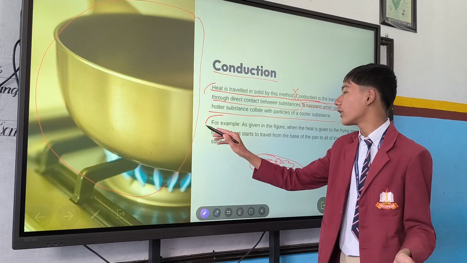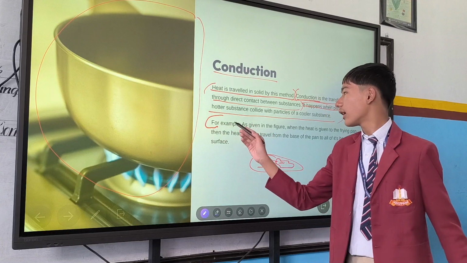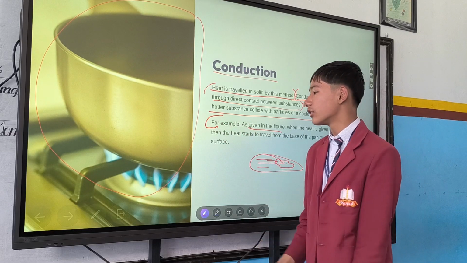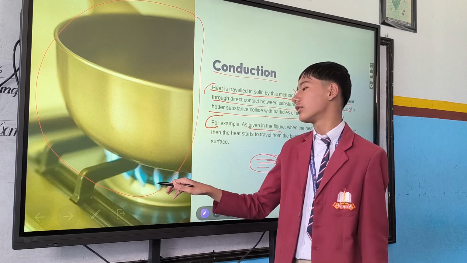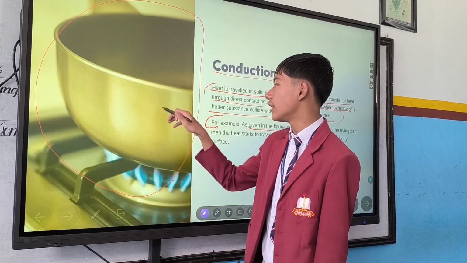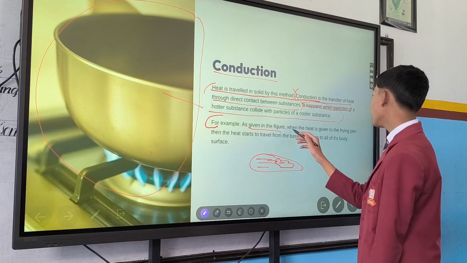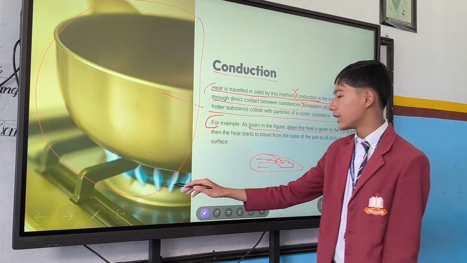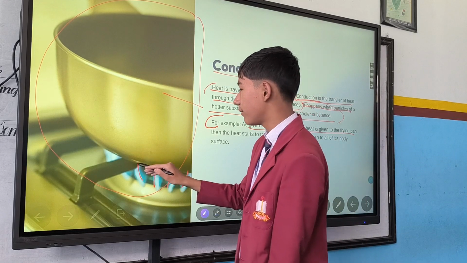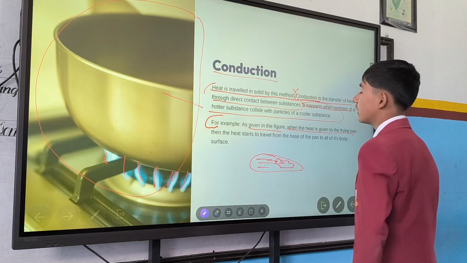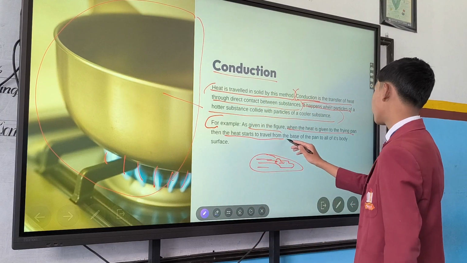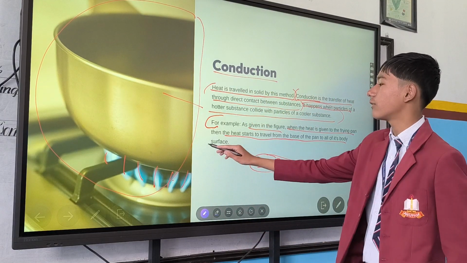As another example, as given in the figure, it's a gas which is running, so it produces heat, and it's a metal frying pan. When heat is given to the frying pan, as the flame is turned on, the heat starts to travel from the base of the pan to all of its body surface.